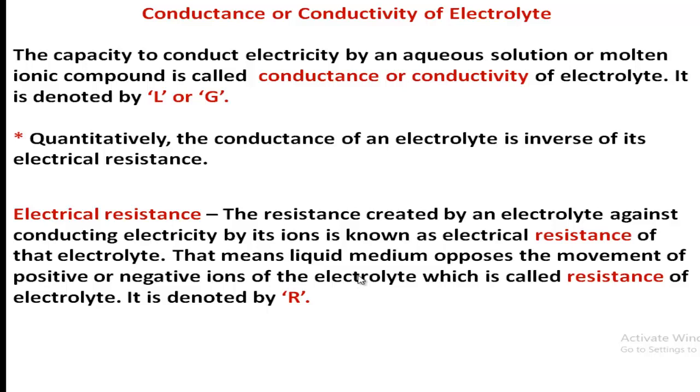That means the liquid medium opposes the movement of positive or negative ions of the electrolyte, which is called the resistance of the electrolyte, and it is denoted by capital R. So we can say conductance L equals 1 by R.